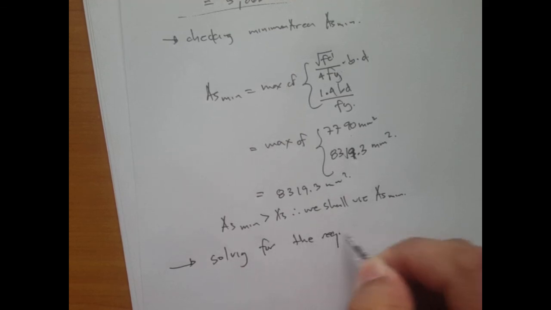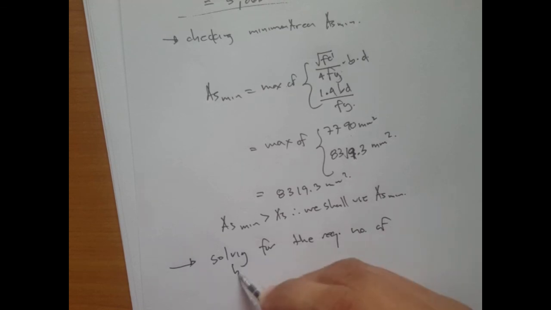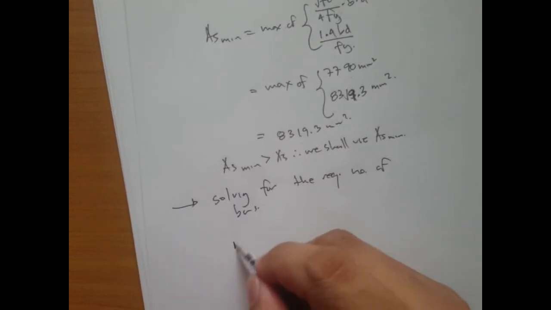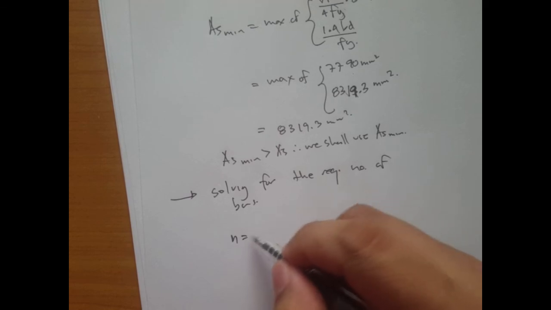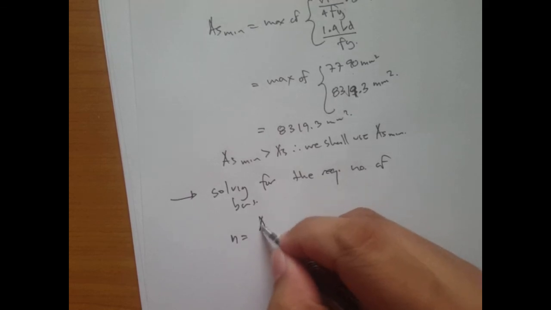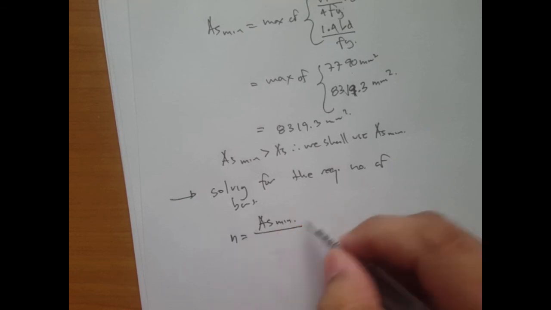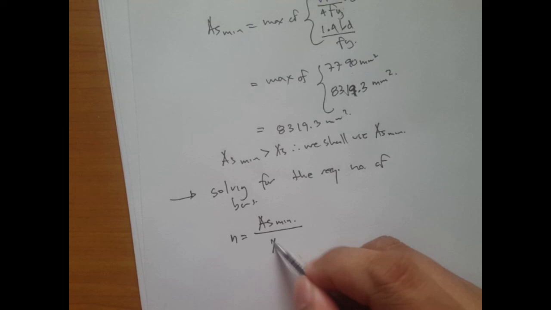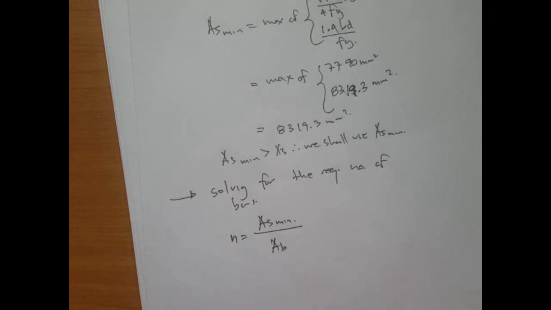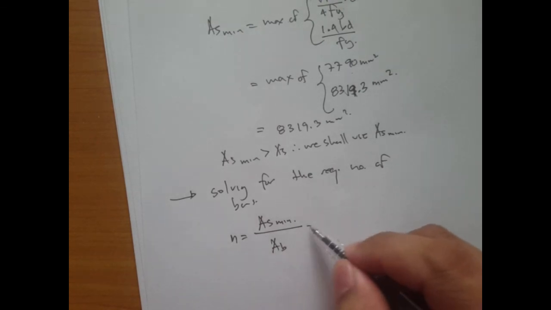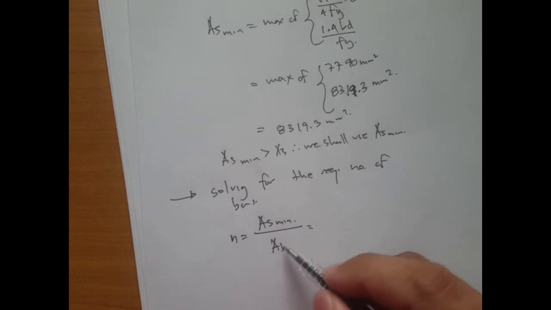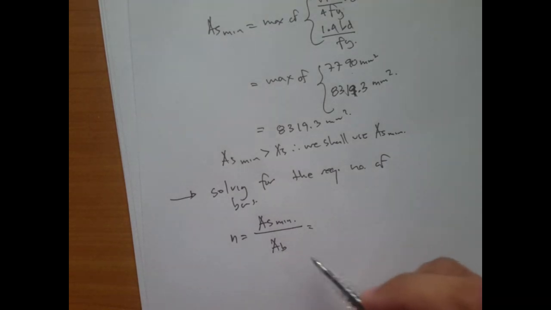Now solving for the required number of bars, we can use this equation. N is equal to AS, the total steel area that's required in our section, divided by the area of a single bar, and in this problem, that's the area of the 25 mm diameter bar.